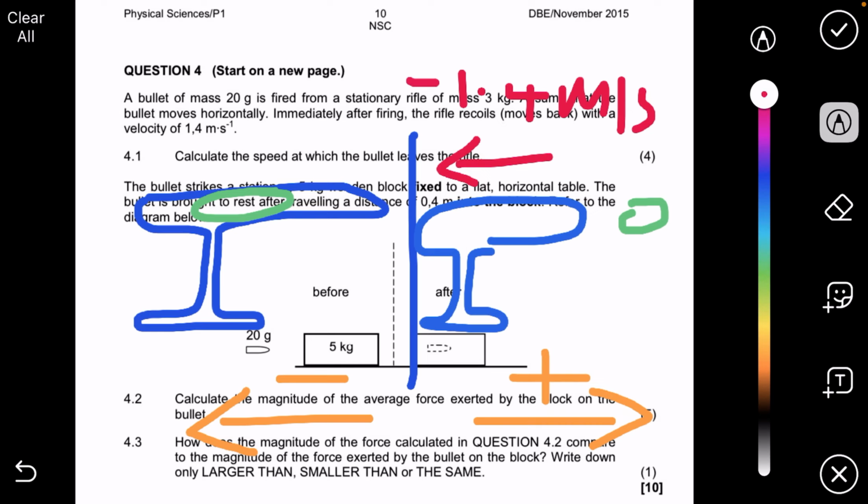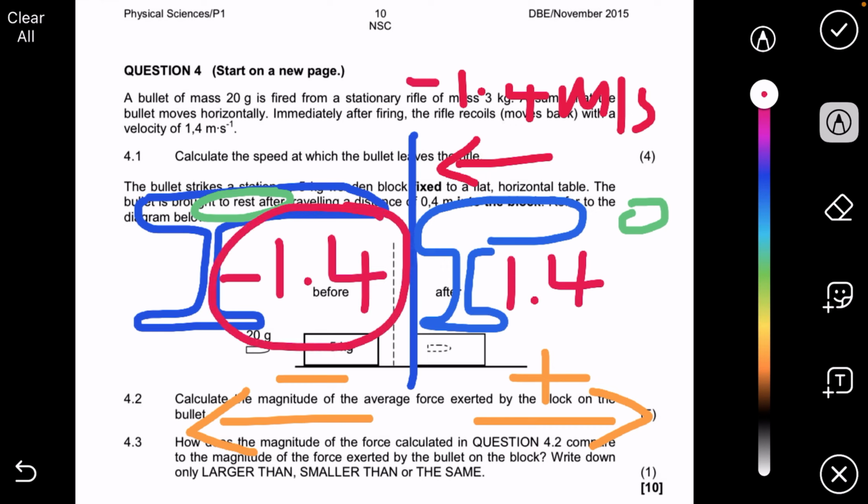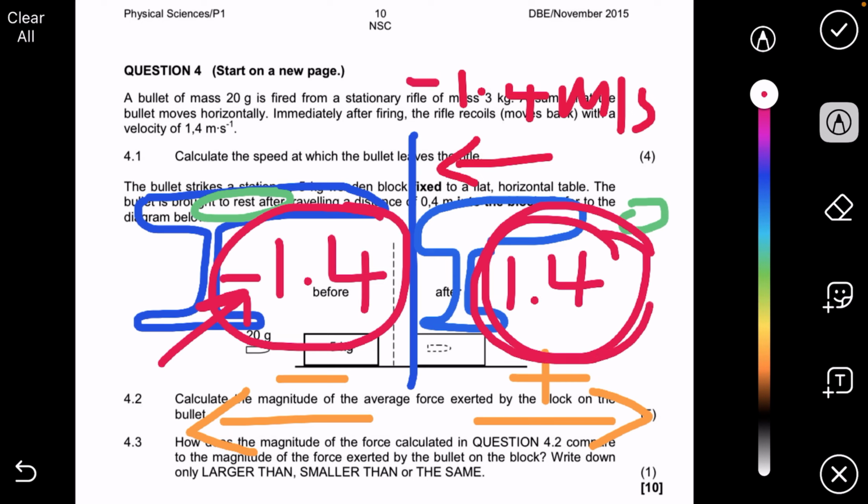Remember, guys, in physical sciences, a negative sign or a positive sign only tells the direction. It doesn't mean you should compare, for example, 1.4 with negative 1.4 and say this is a smaller value because this one has a negative. That's not how it works in physical sciences. It simply means, ladies and gentlemen, that it's the same velocity, but in opposite directions.